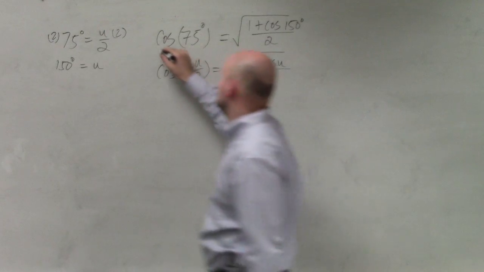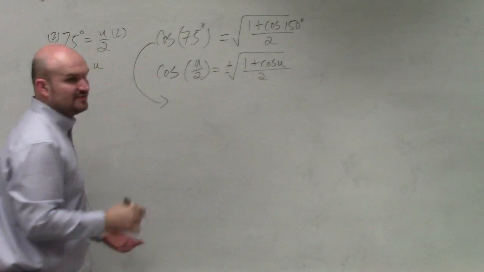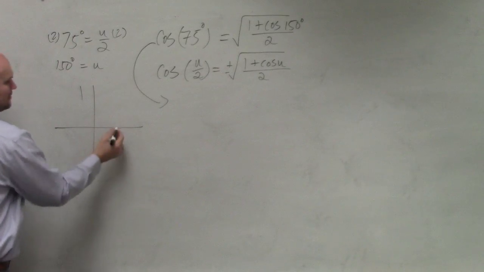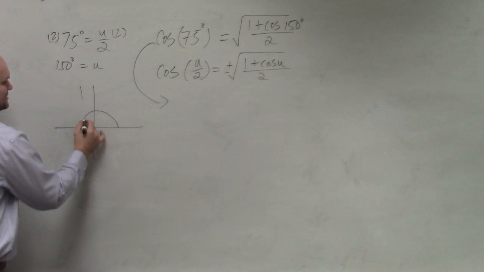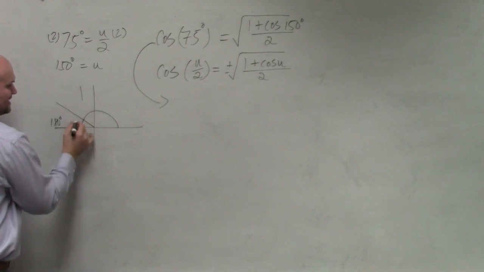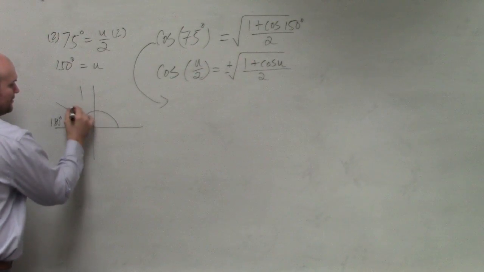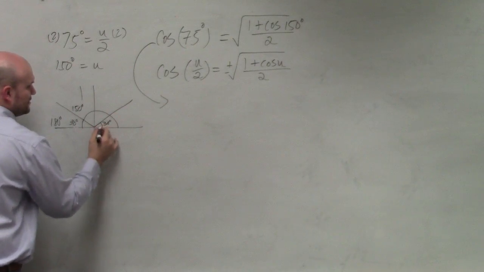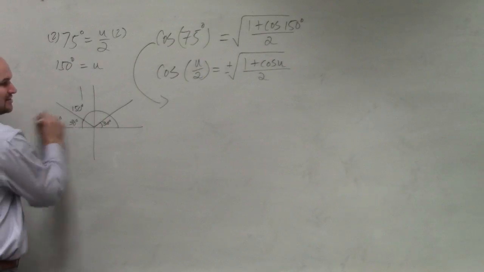Now, let's figure out where 150 is. So halfway around the circle is 180. 150 has a reference angle of 30 degrees. So therefore, it's the same as that one, which is 30 degrees. It's just in a different quadrant.